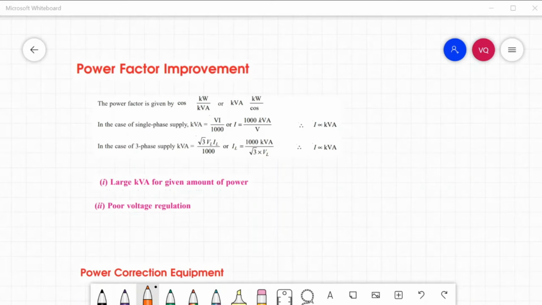So obviously, it is possible for an existing plant of a given kVA rating to increase its earning capacity, which is proportional to the power supplied in kilowatts, if the overall power factor is improved such that it is being raised. So there are ways to improve or raise the power factor.